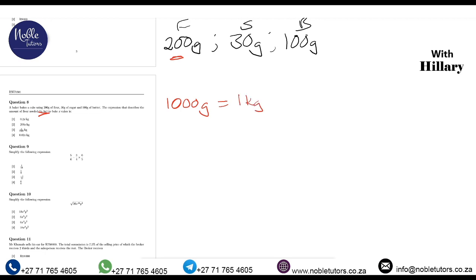Now, if we have 200 grams, how many kgs do we have? You will say 200 divided by 1,000 is equal to 0.2 kgs.